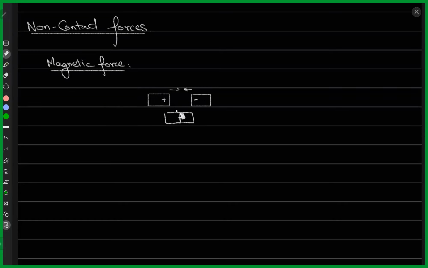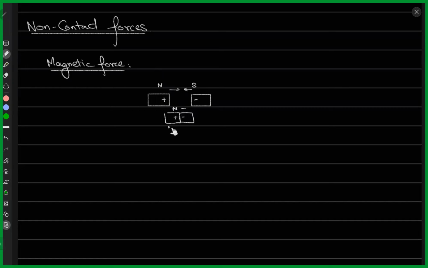When these two are positive and negative, they'll attract and stick to each other. There is another convention that you use: you say that one is the north pole and one is the south pole. These two are exactly the opposite of each other, and opposites stick to each other.